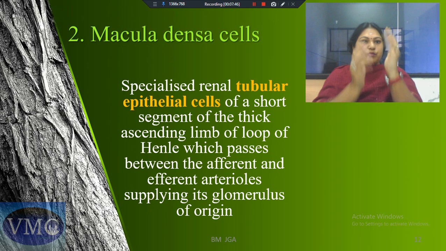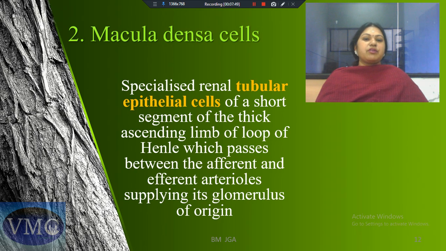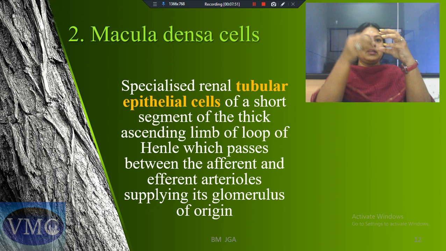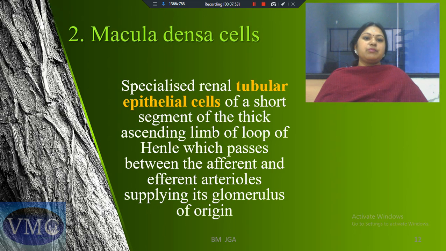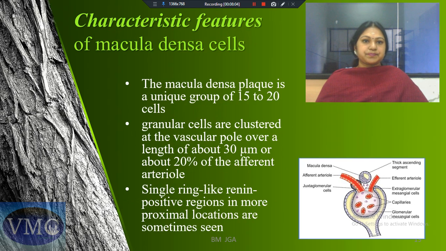So of the same origin, one particular nephron head has a connection with a particular thick ascending limb of loop of Henle. So this short segment which is in connection with your glomerulus is modified, and these are called macula densa cells.